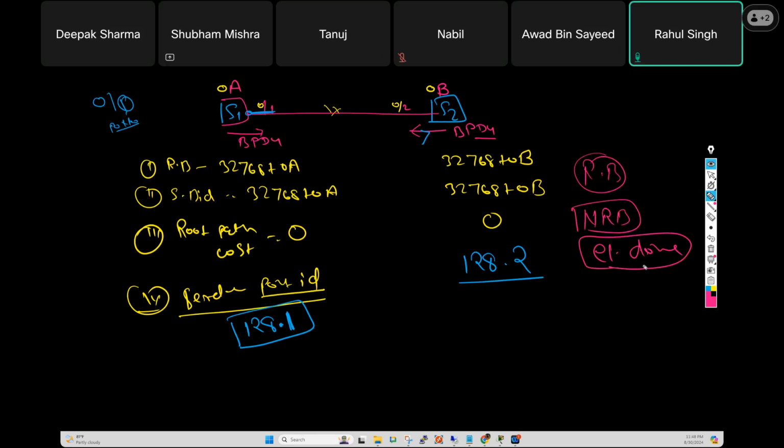Now, for example, let's suppose switch 1 will become the root bridge and switch 2 will become the non-root bridge. Understand?